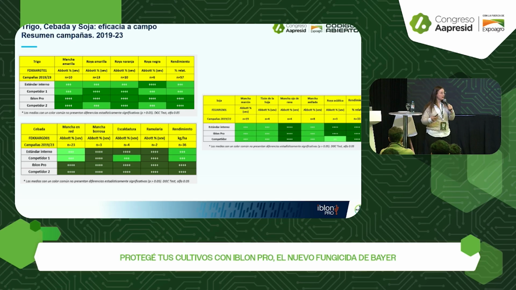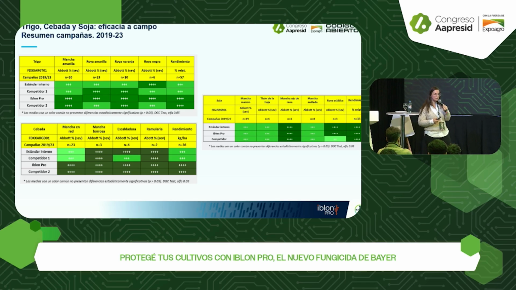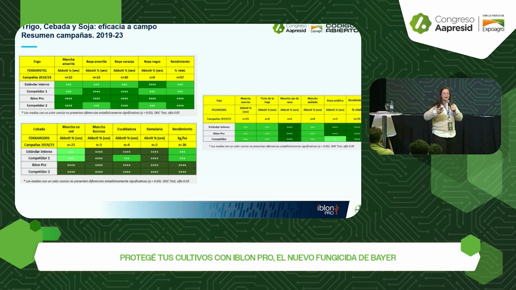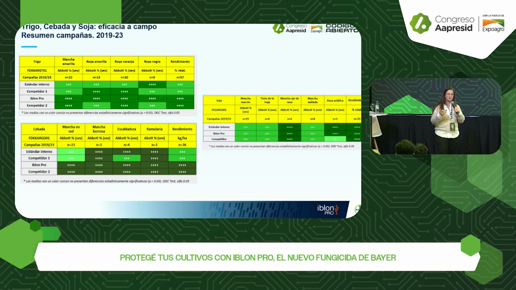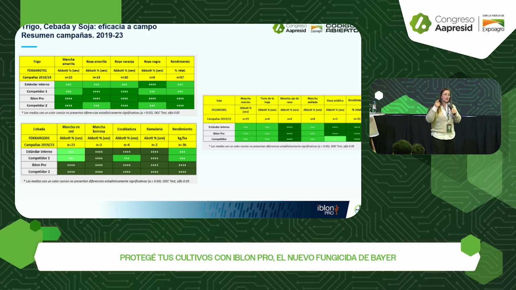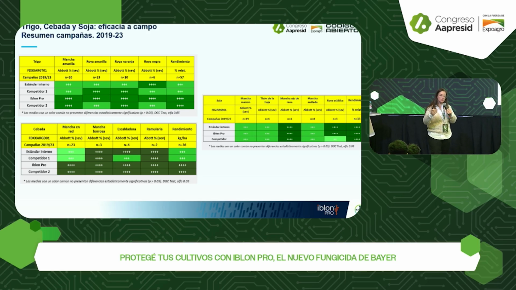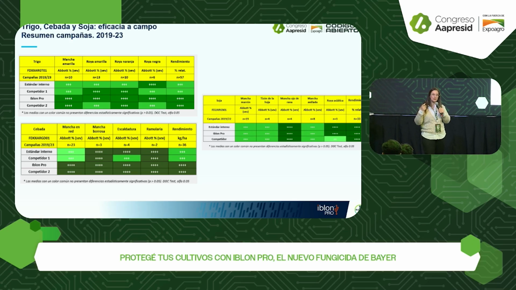We thought this was the clearest way to show the results of the 2019-2023 seasons. When the product was in development, we were in a research stage trying to check the efficacy of the product as well as its persistence.